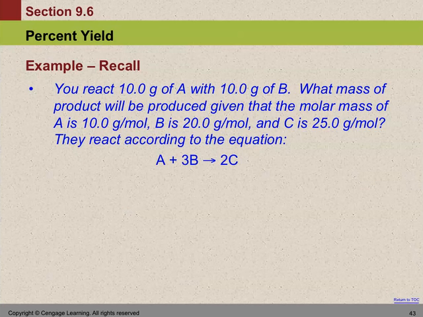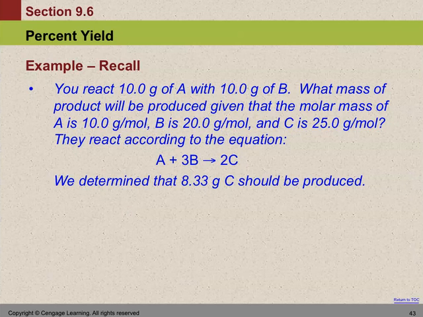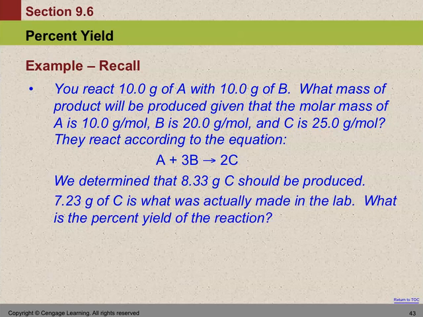So remember that we reacted A and B to give C in the ratios shown in the balanced chemical equation. We determined that 8.33 grams of C would be produced. When you look at the reaction in the laboratory, we actually see that only 7.23 grams of C is produced.